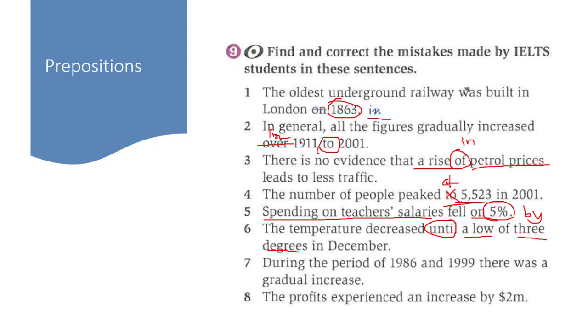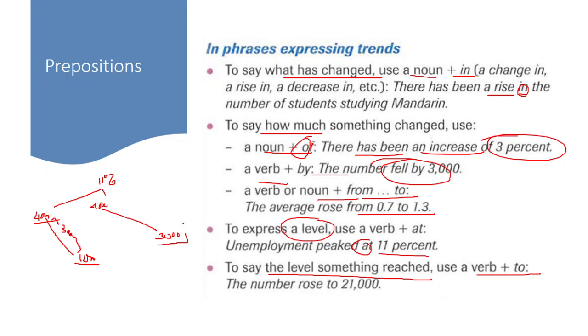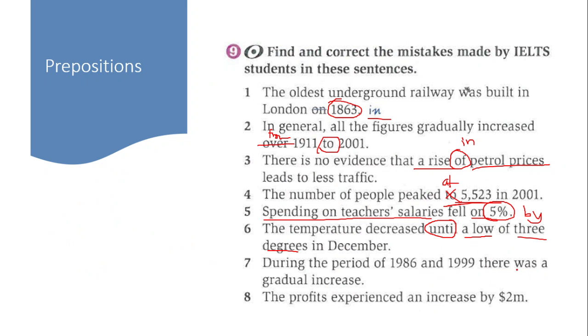We use this one. Decrease to a low of 3 degrees. During the period of blah blah blah. Okay. So, because we have and here, we don't use of, we use between.